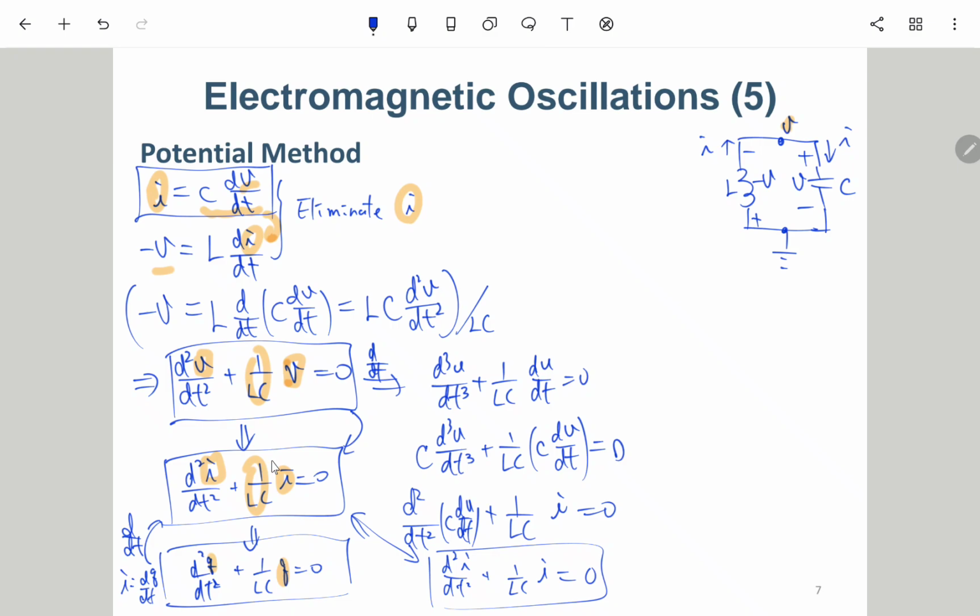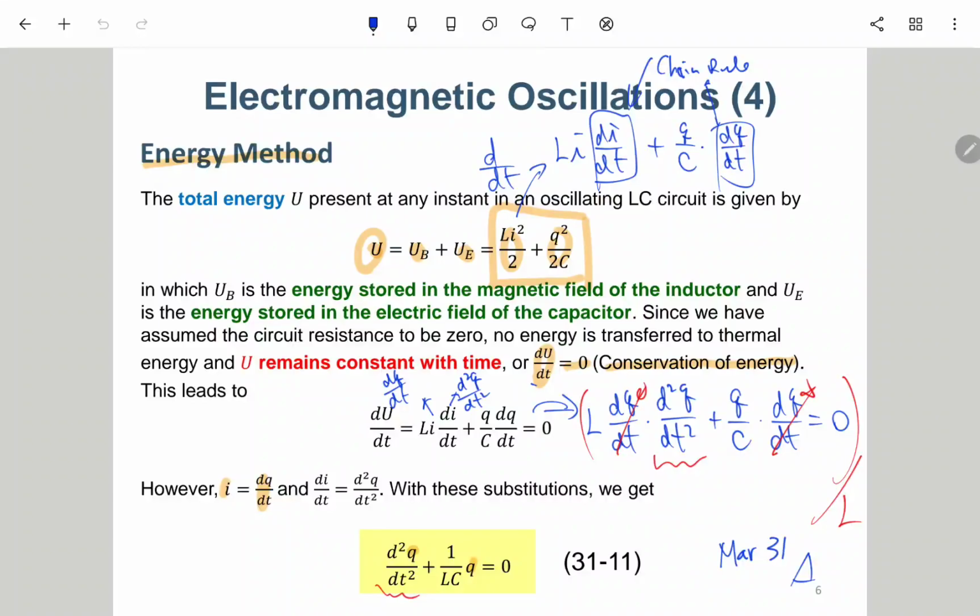So this is just a simple demonstration to show you that for a linear circuit you can freely change the unknown function. They will all satisfy the same constant coefficient ODE. So this is how we can simply derive this equation using the potential method.